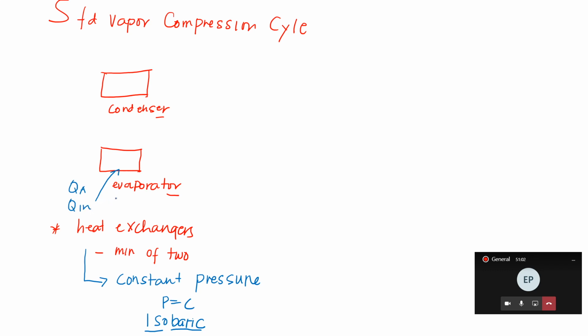The other one is Q L. What are those? Q A is Q added, Q in, heat is being put inside. Q L, what is L? Low. Meaning the heat here is on the low side.